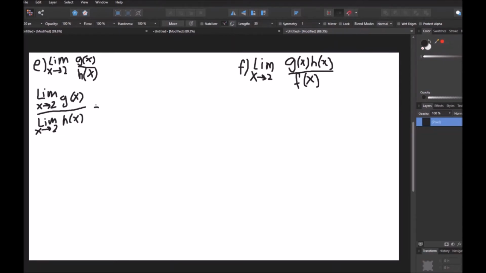The limit as x approaches 2 of g of x is -2, and the limit as x approaches 2 of h of x is going to be 0. So this is going to be undefined, meaning the limit does not exist, which you can abbreviate as DNE.